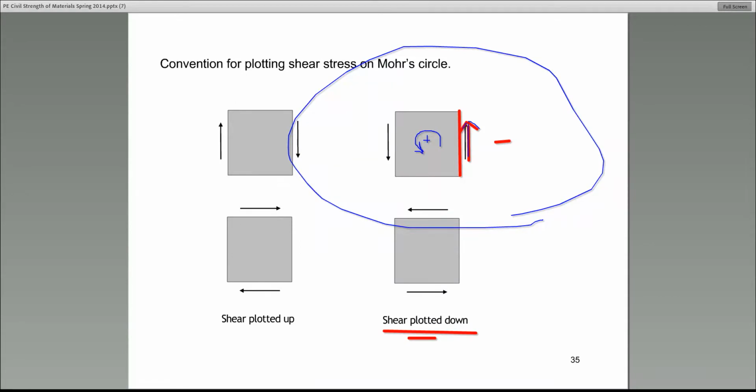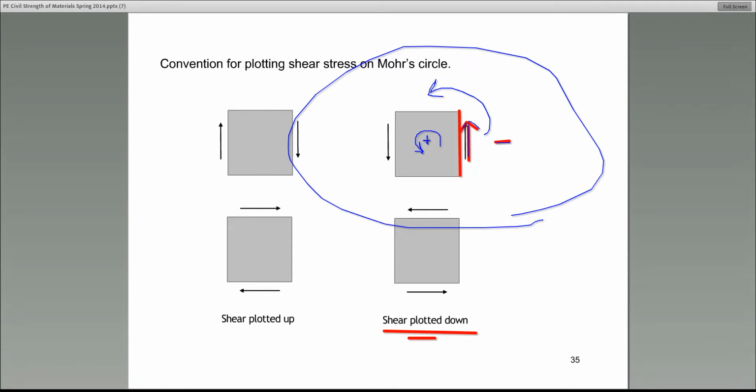This is what you do. Just take a look at that shear stress, the way it's acting, this way upward. Would that cause the block to rotate clockwise or counterclockwise about the center of the block? Well, think about it. It would be in this direction. So that is counterclockwise. If it rotates it counterclockwise, then it's negative.